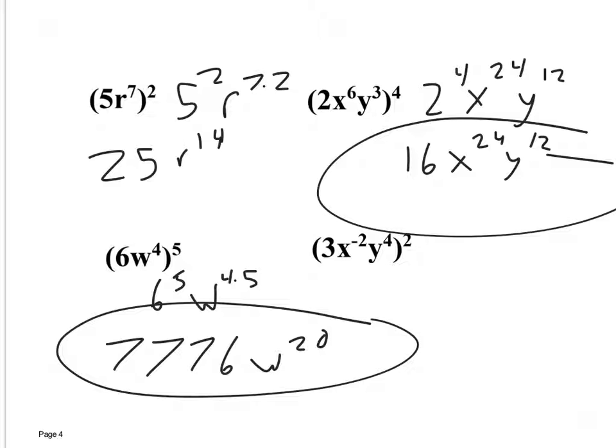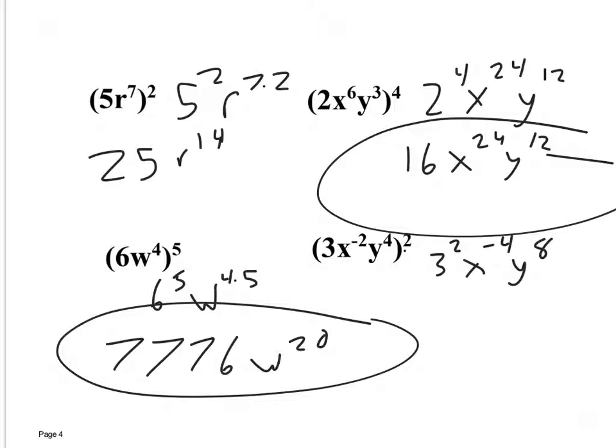Alright, let's do the last one. I raise everything to the second power because the power is on the outside. And again, you don't just raise it to the second power unless that 2 is there. If it's not there, don't raise it to that power. So 3 squared, x to the negative 4th, y to the 8th.